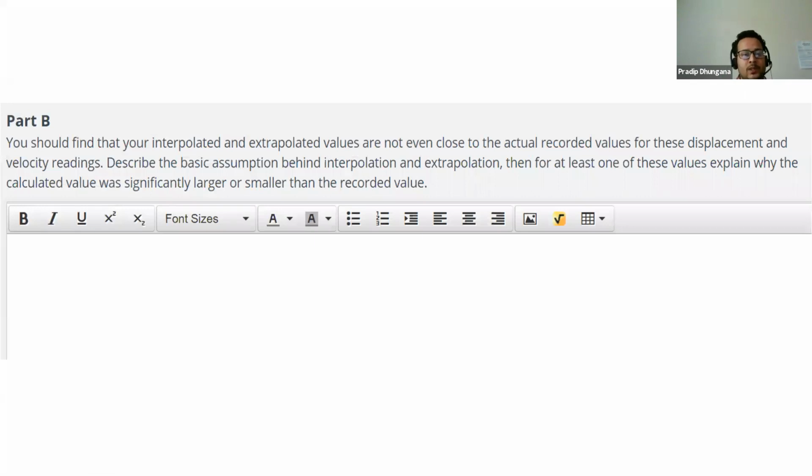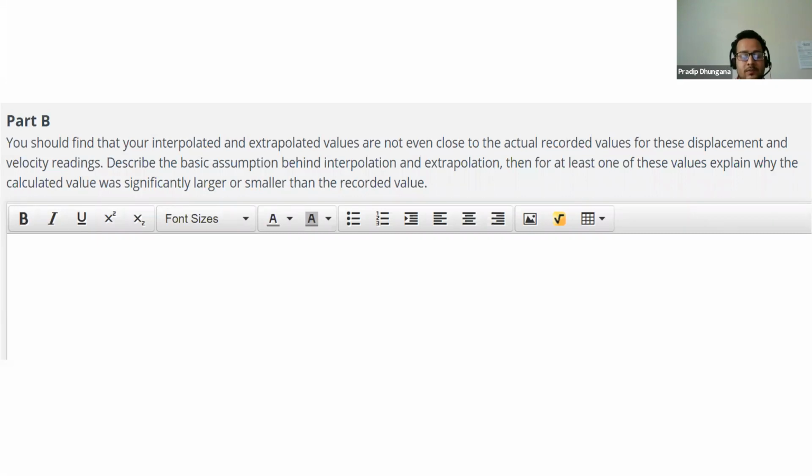Now in this part B, whenever you calculate your interpolated or extrapolated value, you found that they are not even close to actual values for the displacement and velocity. Now you have to write your assumption why the extrapolated values are not even close to the recorded values.